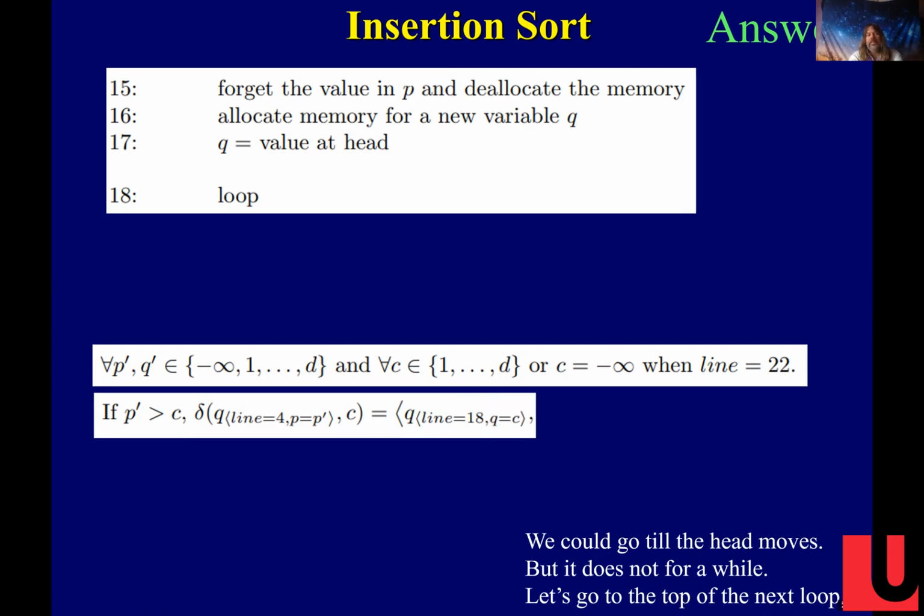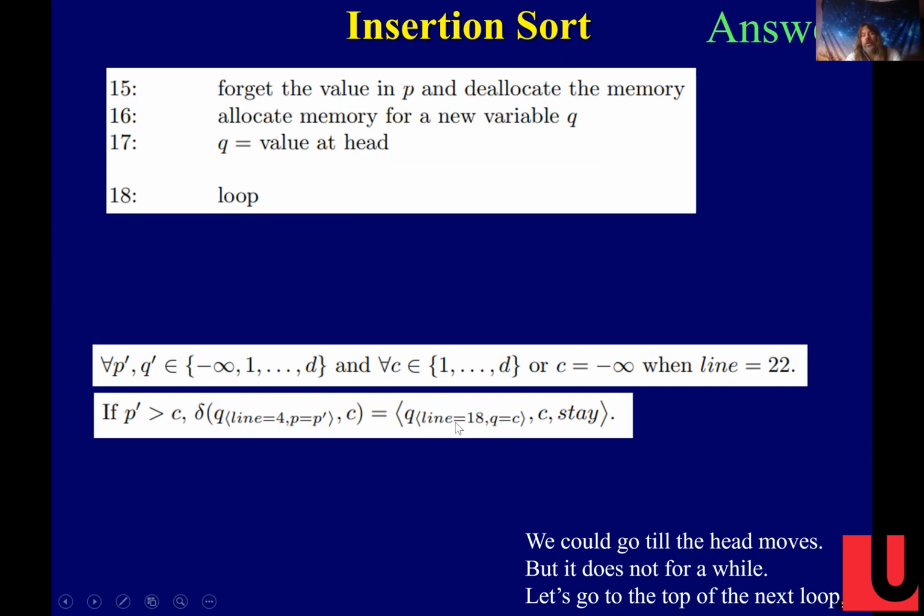So we go to line 18. Here's a funny thing, right? Here I'm remembering P, but line 15 tells me to forget the value of P, right? So I no longer know the value of P, and it tells me to remember the value Q. So now I have a new value of Q.